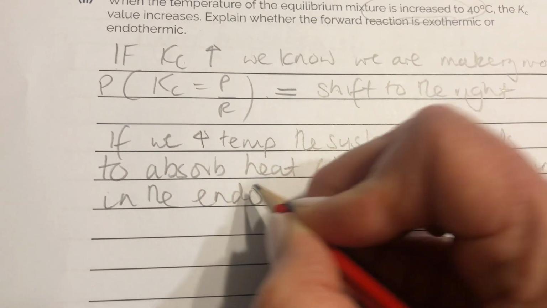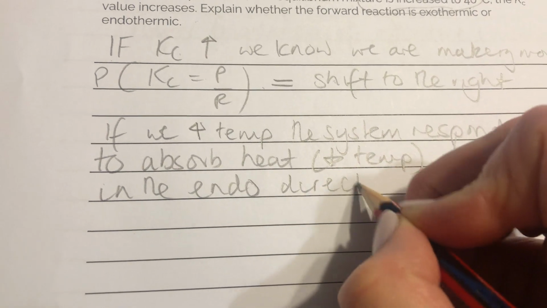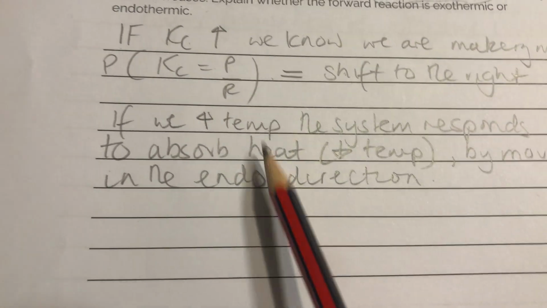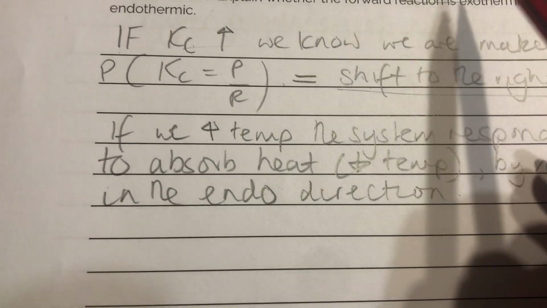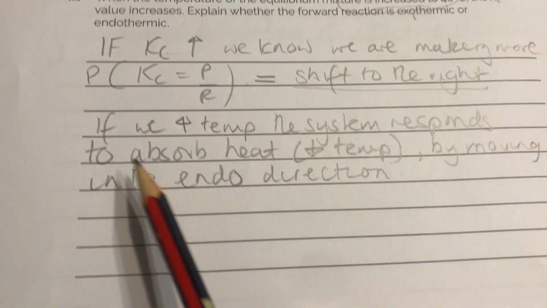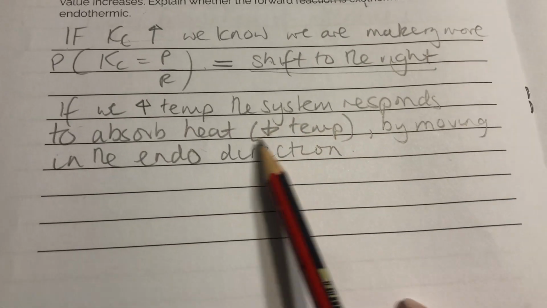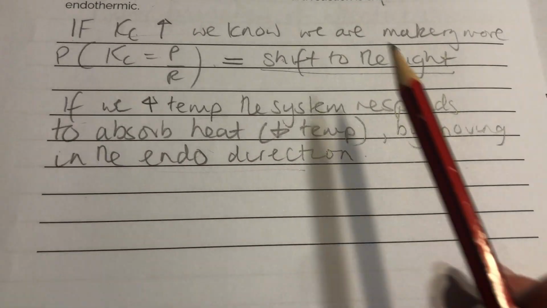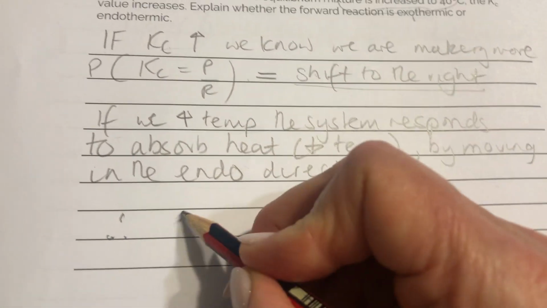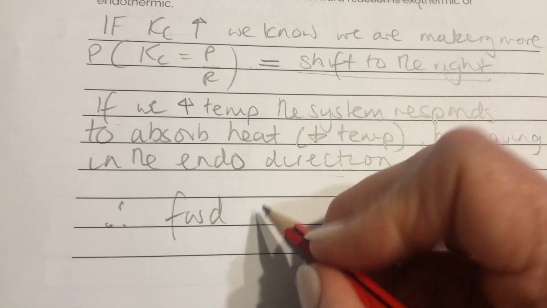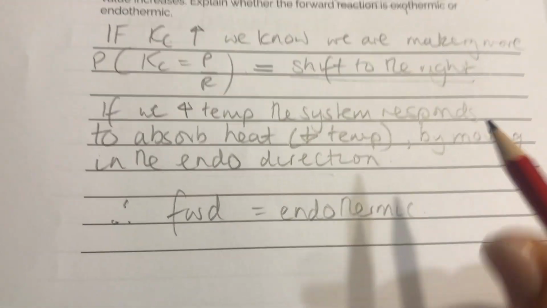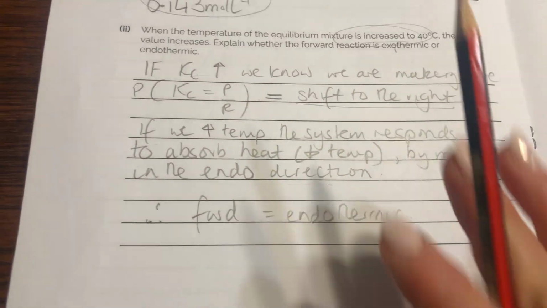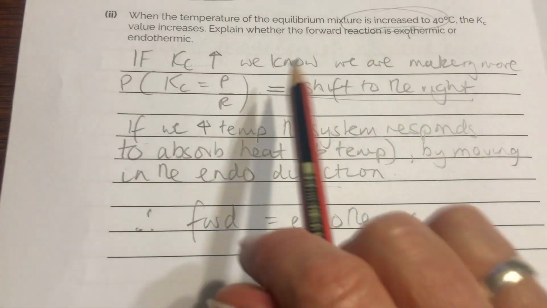Okay, so the endothermic direction absorbs heat and decreases the temperature. Right, so what did we see? We saw a shift to the right. What do we know should happen if we increase temperature? The system should shift to the endothermic direction. Therefore, the forward or right direction is endothermic. You needed to state those pieces of information quite clearly there. That was a hard thinking one.